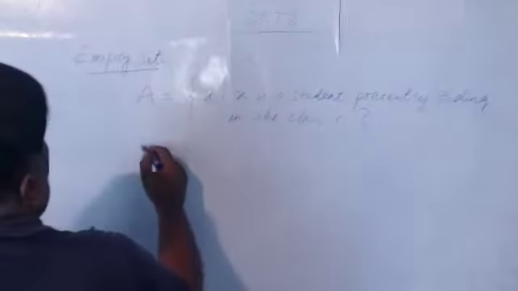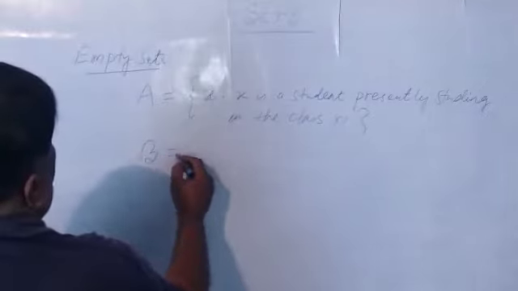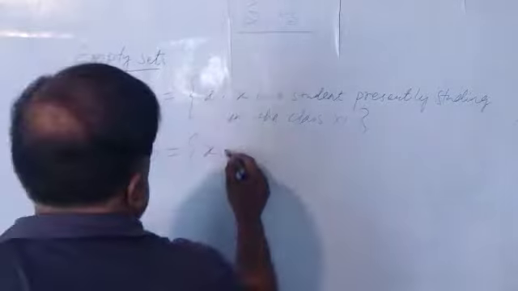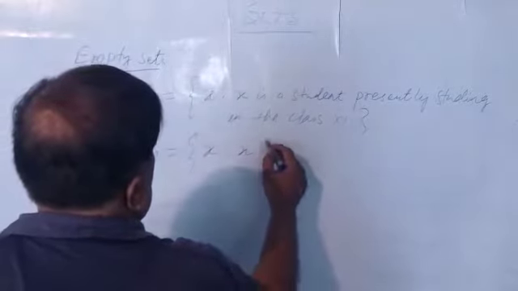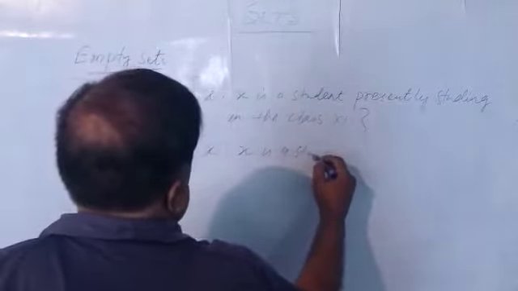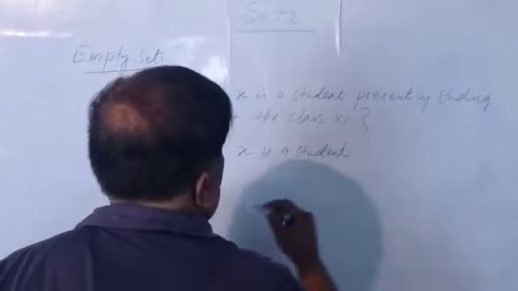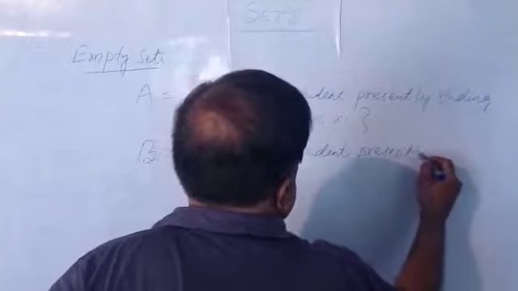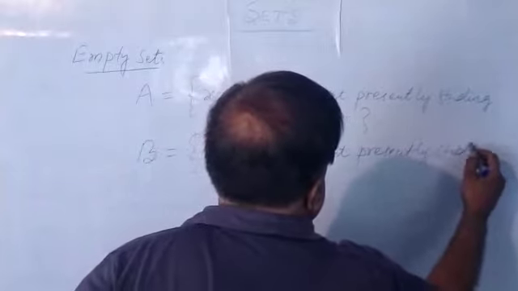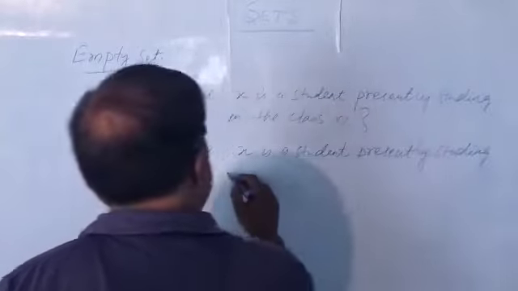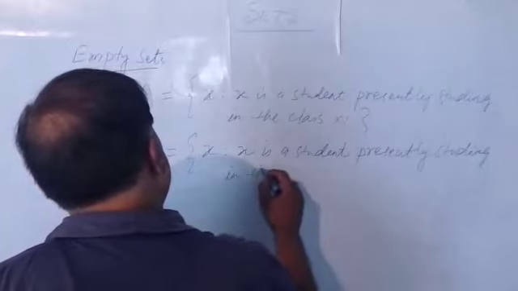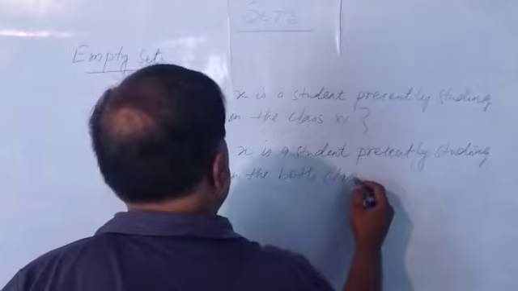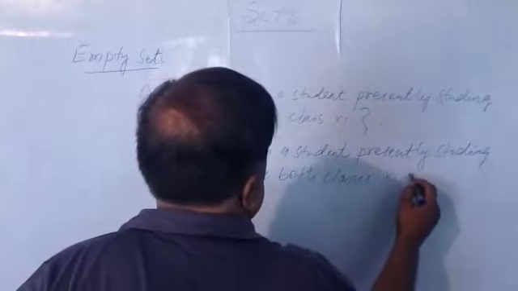Next we suppose another set B, where B is the collection of all x such that x is a student presently studying in both classes, 10th and 11th.